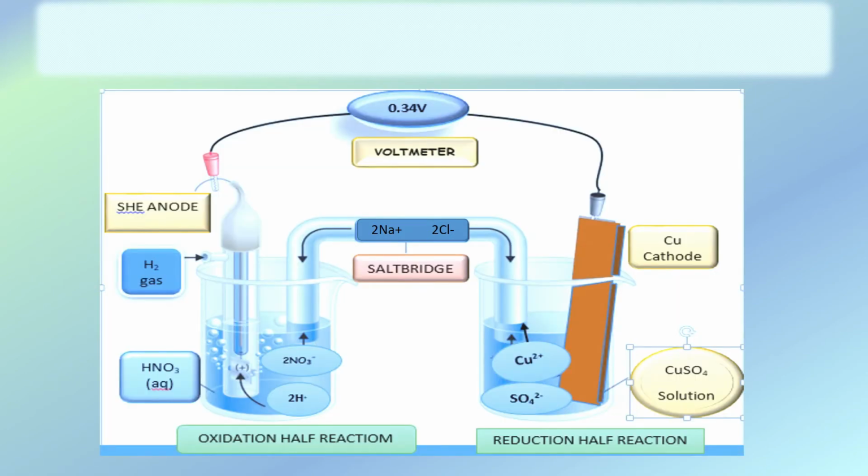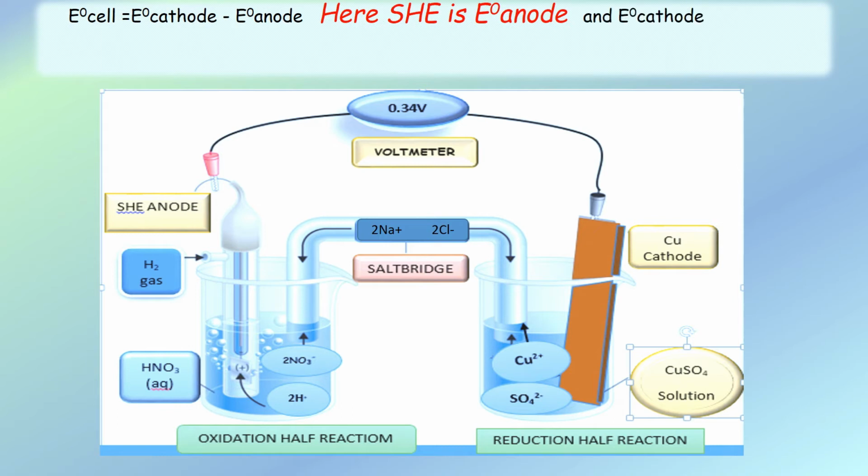Let us understand one more case. See here. Here SHE is anode. The cathode is made up of copper. In the voltmeter you get a voltage of 0.34. Now we know the relation: E0 cell is equal to E0 cathode minus E0 anode.